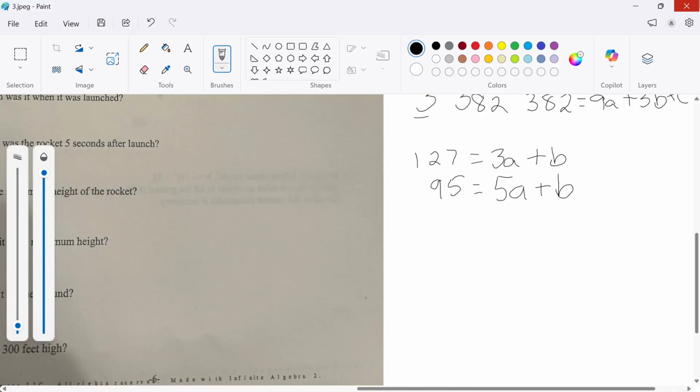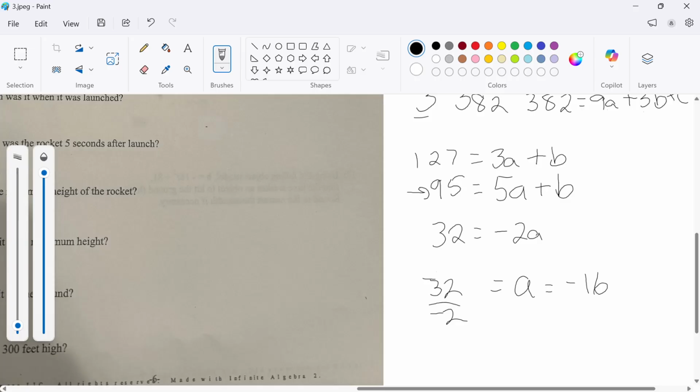This is 32 equals negative 2a. I'm just subtracting the second equation from the first one. b minus b is 0. So a equals 32 over negative 2 equals negative 16. So now I know a is negative 16.